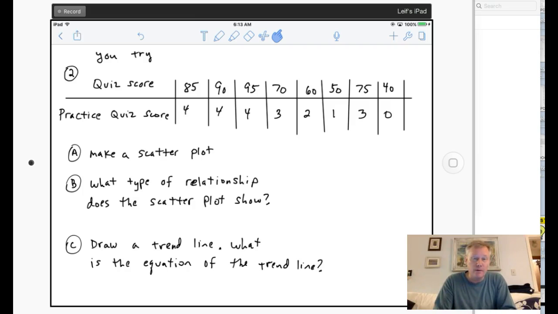The more time they spend on their practice quiz, there's a relationship with what happens to their real quiz score. So I'd like you to do this problem and bring it in to me. Do the same thing we just did: make a scatter plot, figure out the type of relationship, then draw a trend line and find its equation. Bring it in to me, and this will be the second part of the assignment.